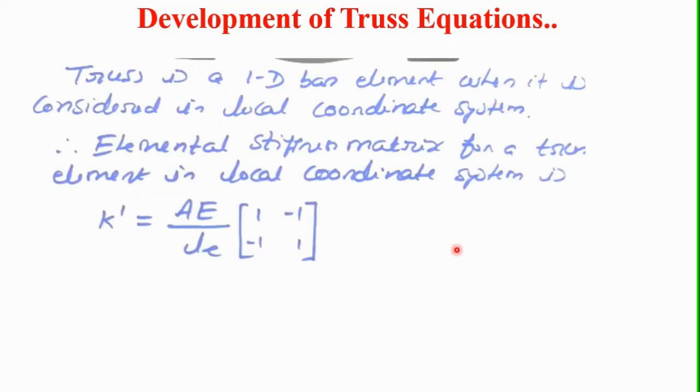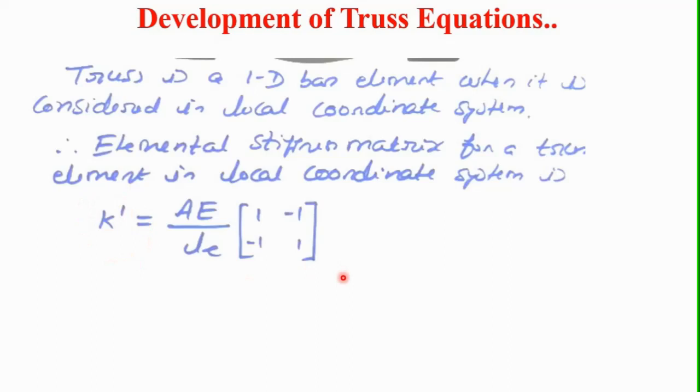Considering this 1D bar element in the local coordinate system, the elemental stiffness matrix for the 1D bar element is k dash equals AE divided by Le, the length of the element, into the matrix [1 -1; -1 1]. We have already seen this stiffness matrix for the 1D bar element. This is the elemental stiffness matrix for the member in the local coordinate system.